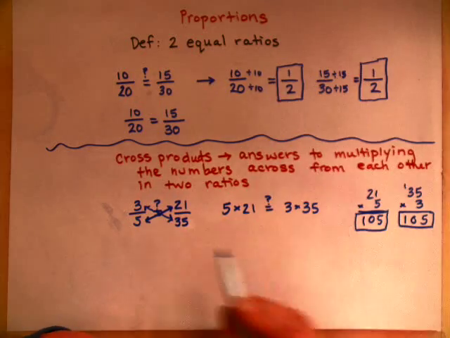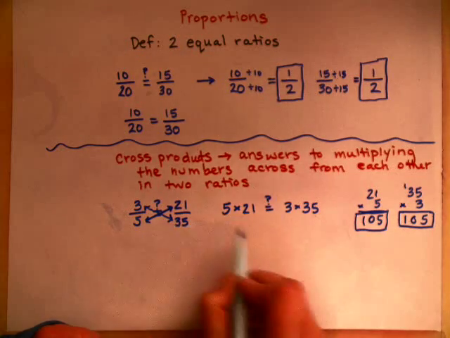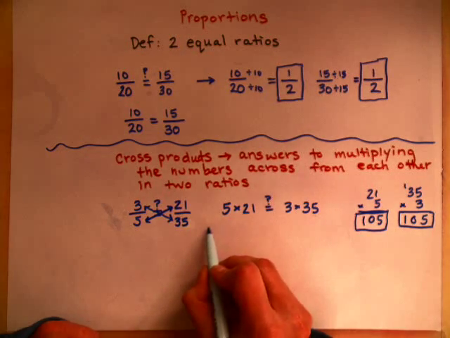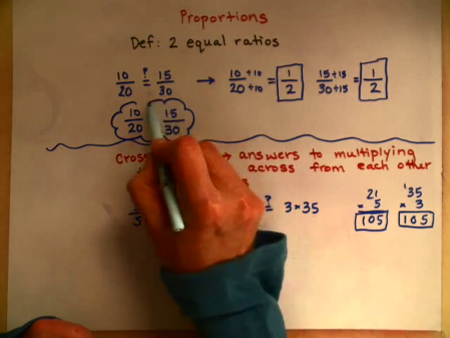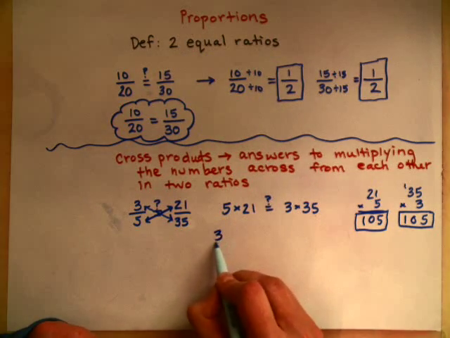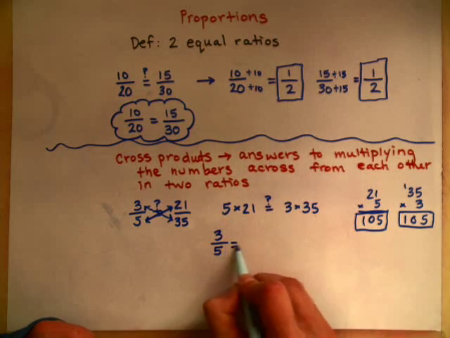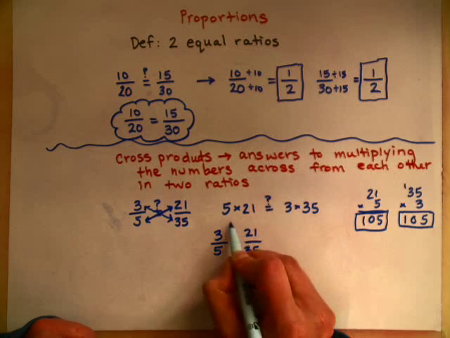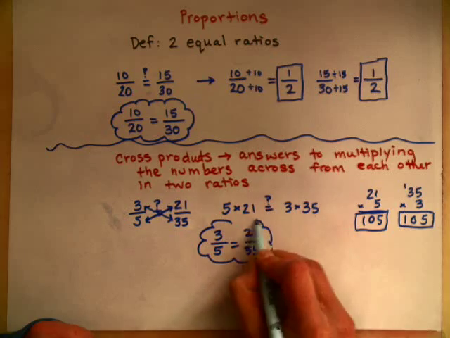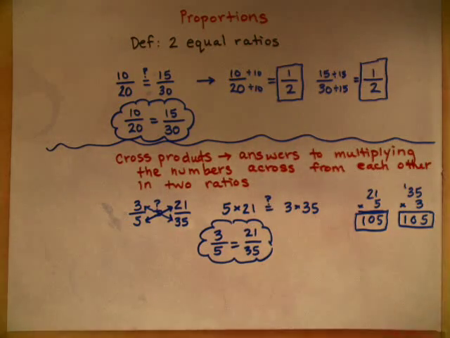So that means that the cross products are equal. So, do a little bubble around my answer, 3/5 is equal to 21 over 35 because the cross products are equal.